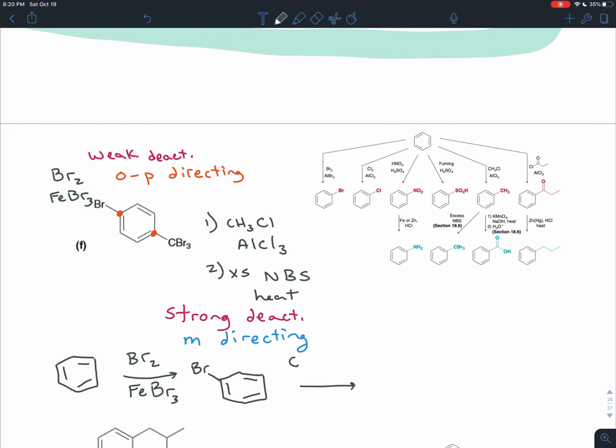So when we do this next Friedel-Crafts alkylation, we will end up getting 2 products. We'll get the ortho product, but we'll also get the para product.